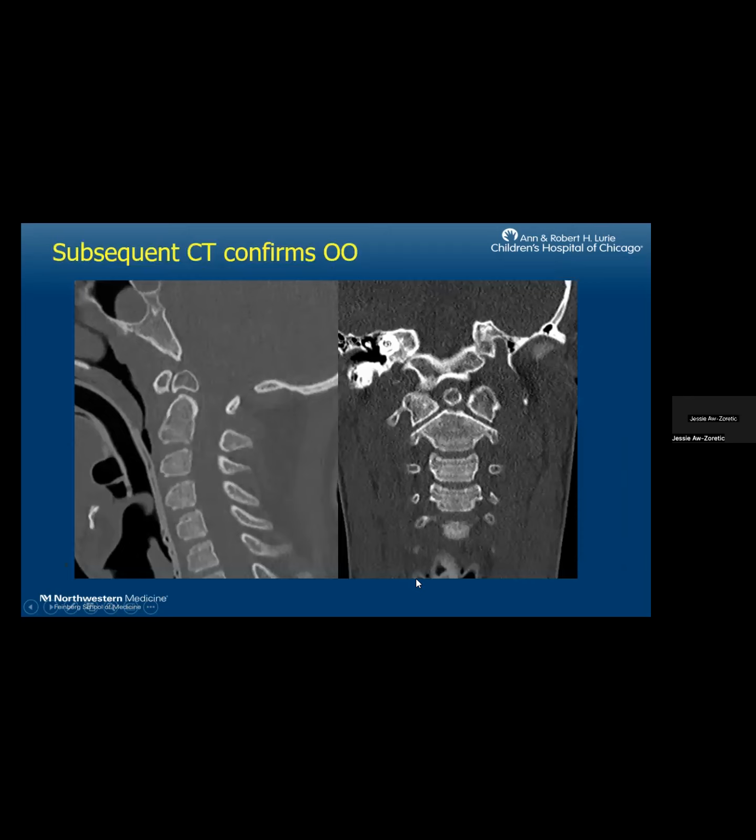The subsequent CT definitely confirms that this was an os odontoideum, and they were actually fixed. They went on to a suboccipital fusion within the week that they presented, in a semi-emergent fashion.